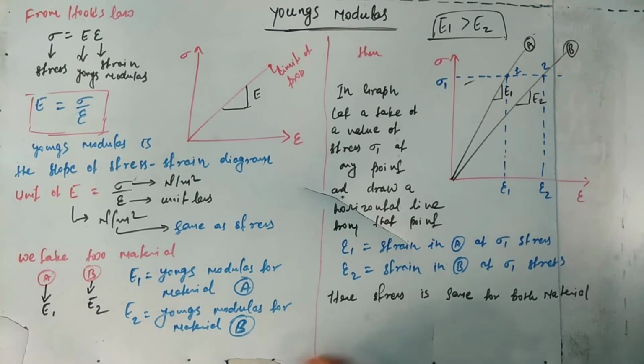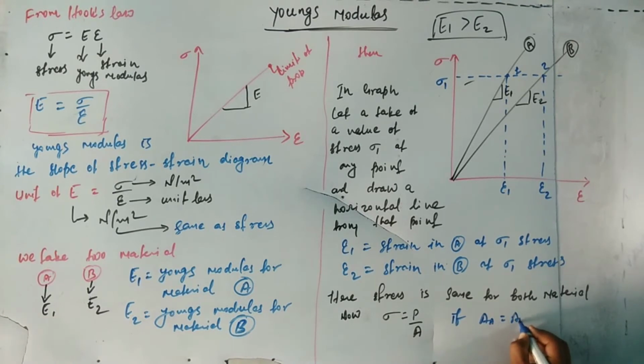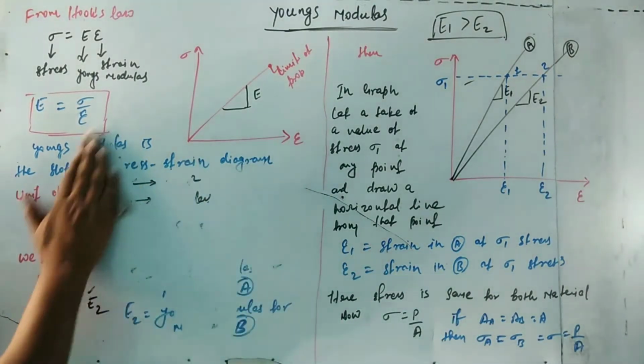Now stress, sigma equals P by A. If we take the area of both materials the same, that is A equals A, then sigma A equals sigma B, and it equals P by A.